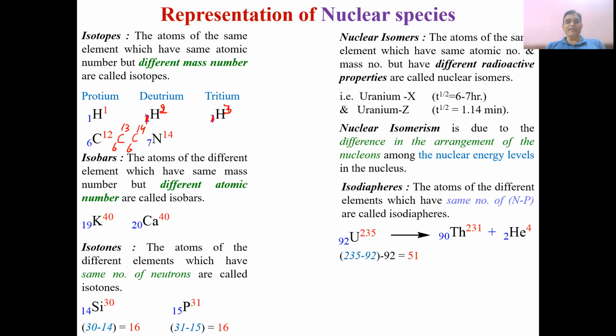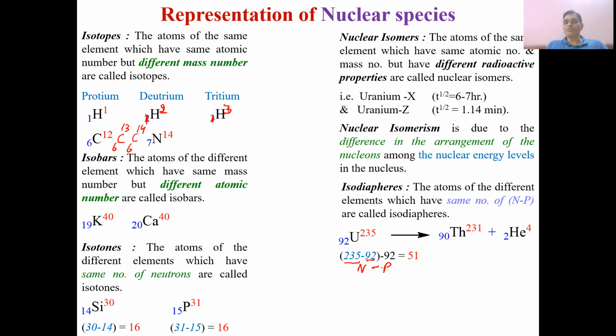The n minus p value in case of uranium 92-235: the number of neutrons is 235 minus 92. That is the mass number 235 minus atomic number 92, and that difference is the number of neutrons, that is n. Minus 92, that is p.